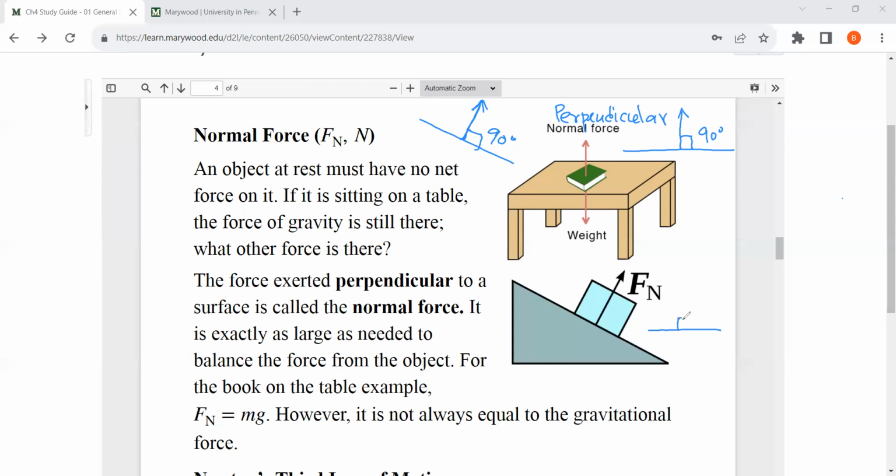If the object is hanging from the ceiling, there will be no normal force, because on the bottom of this object there is no surface. So if an object is on some surface, there will be a normal force. If there is no surface, there will be no normal force, and the normal force is always perpendicular to the surface. For a flat surface, it will be something like this. For an inclined surface, it will be something like this. So remember that.